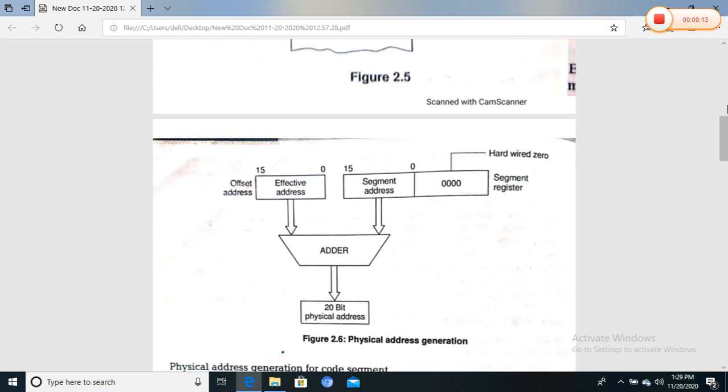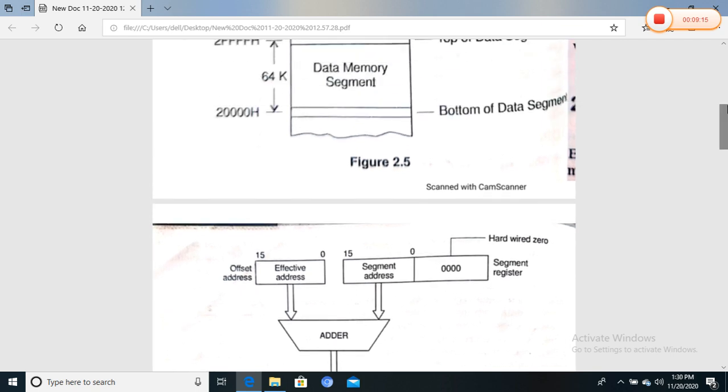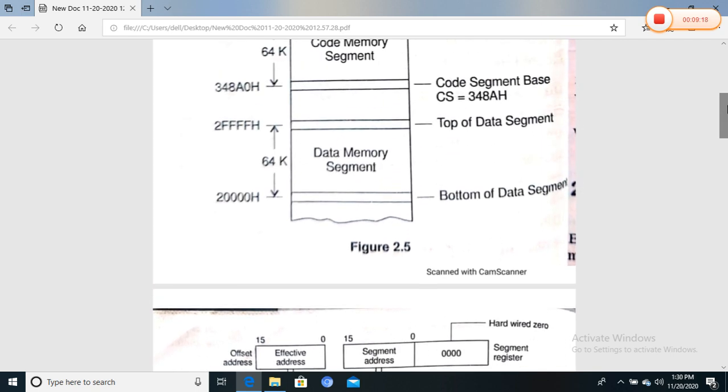In the diagram, for the first data segment, 2000H for example is the starting address of the memory.